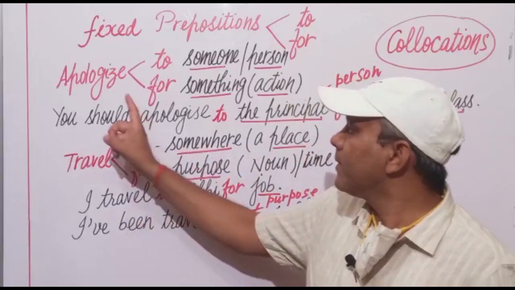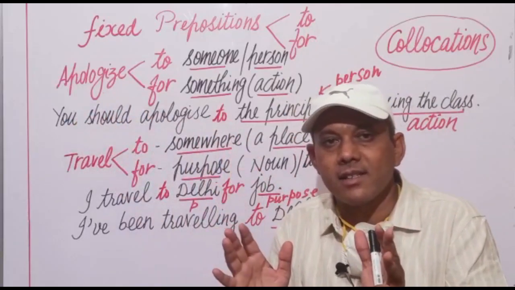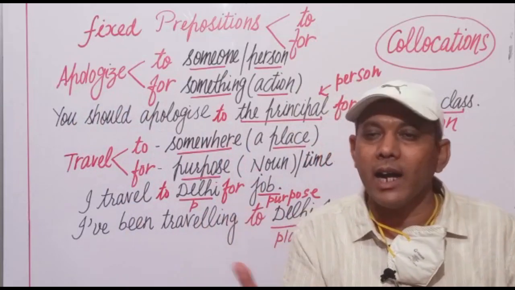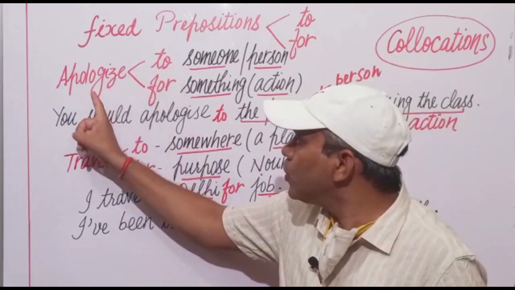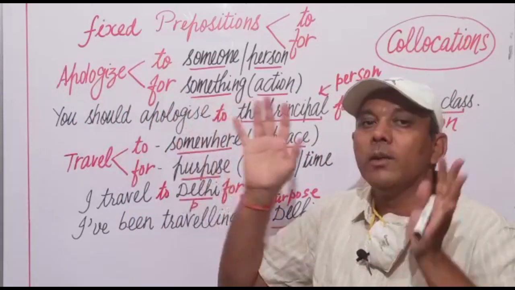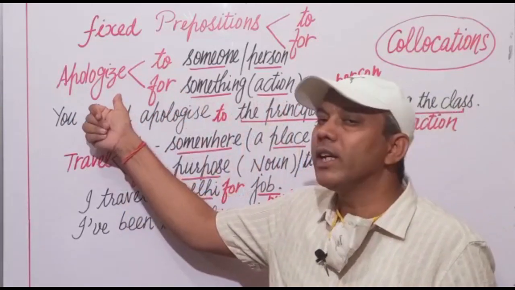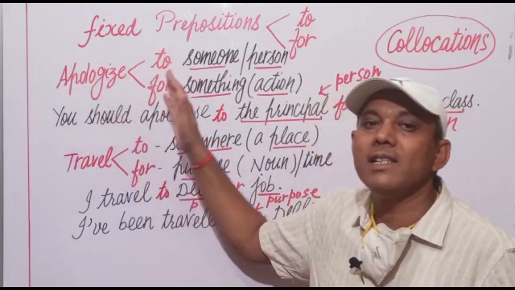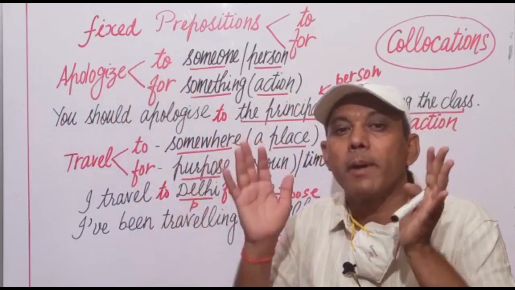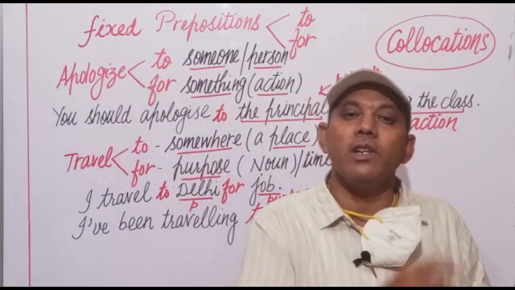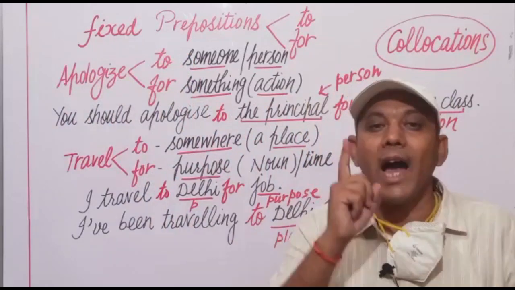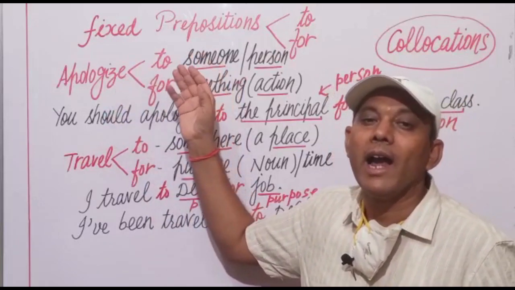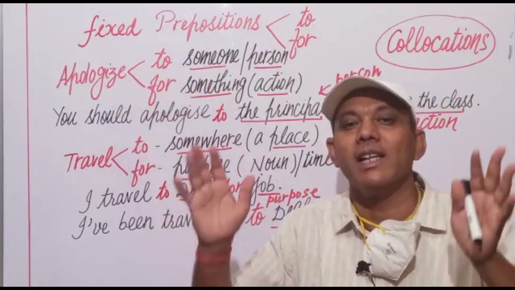Now, these prepositions to and for are used in collocations with something. For example, the word apologize. Apologize means क्षमा याचना करना, माफी मांगना. We use both the prepositions to and for with apologize: apologize to and apologize for. Both are absolutely correct, but we have to know where we use apologize to and where we use apologize for.